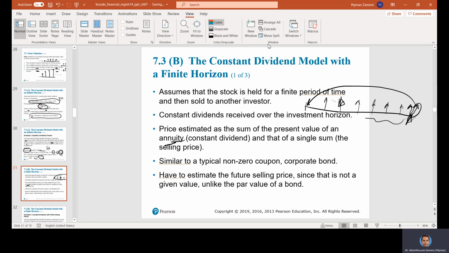That means first we're supposed to find the present value of all these dividends, and also when we sell it off, we need to discount back the sale price. Constant dividends are received over the investment horizon, so the price is estimated as the sum of the present value of an annuity, the constant dividend, and that of a single sum, the selling price. Similar to a typical non-zero coupon corporate bond.